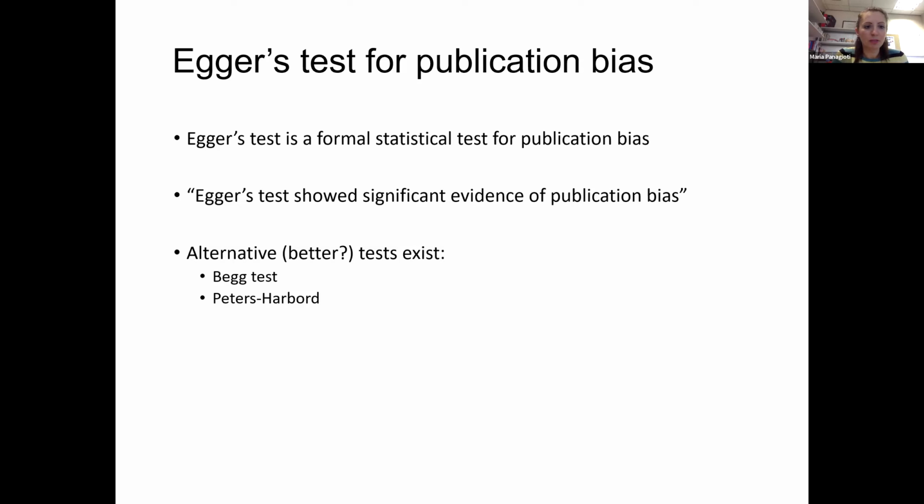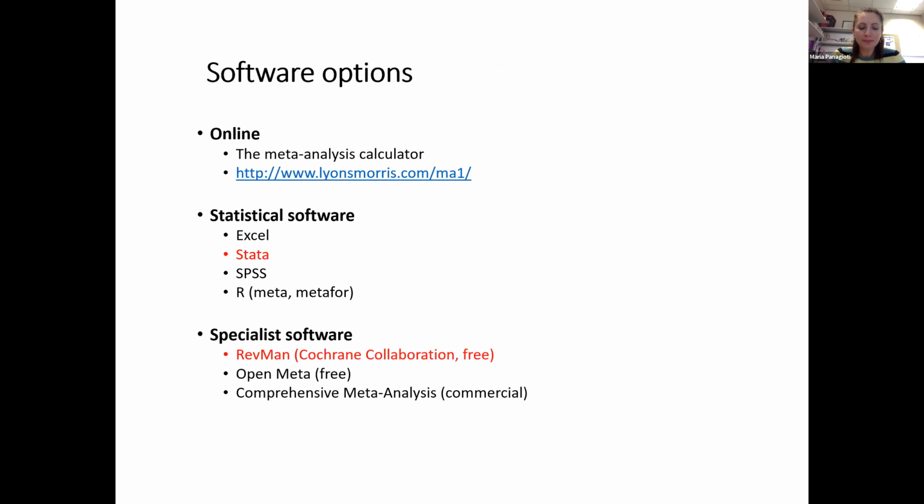And this is what we definitely suggest. So if you do a meta-analysis and you've got at least 8 studies in the same analysis, you run a funnel plot, you report it either as part of your meta-analysis or as part of your appendices, and you also run an Egger's test. Next slide.